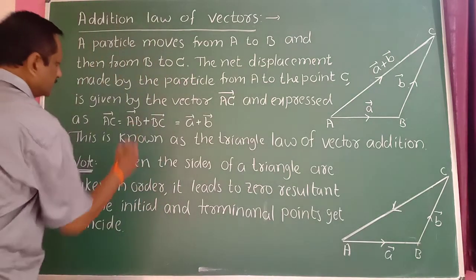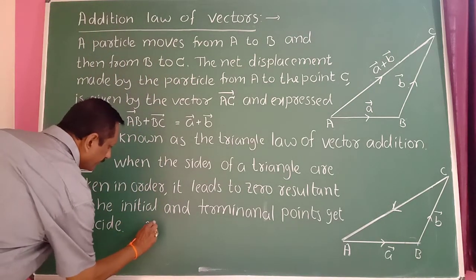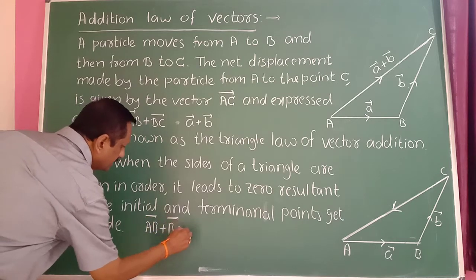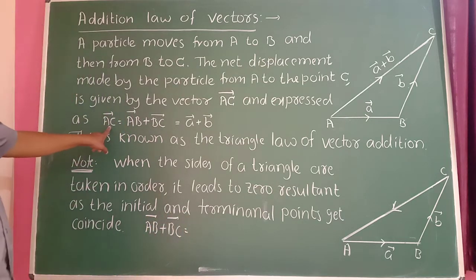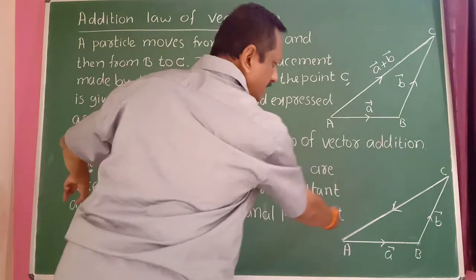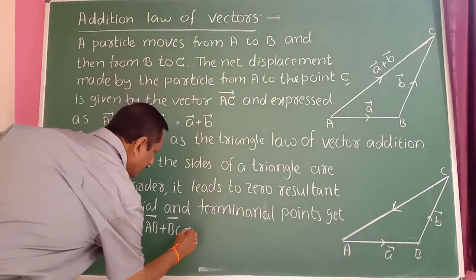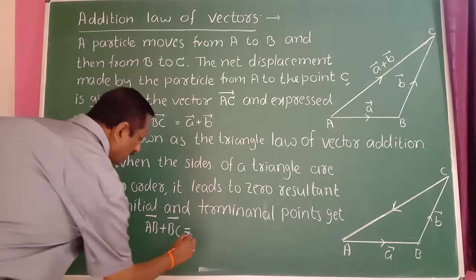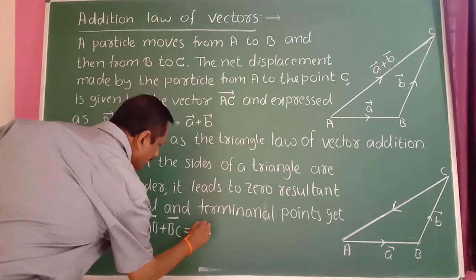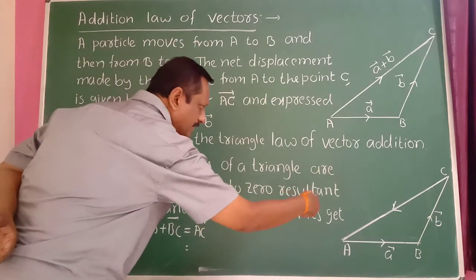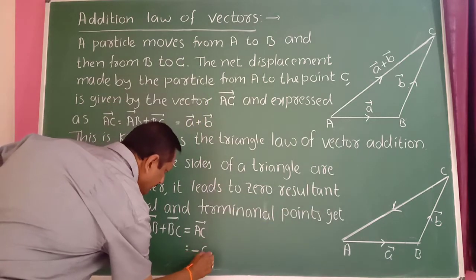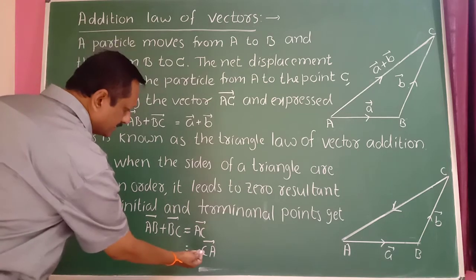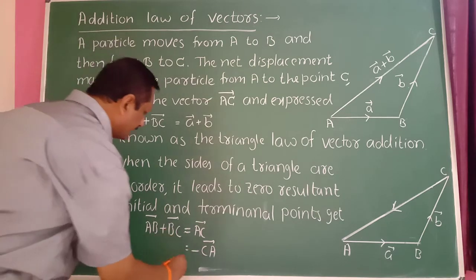According to this, AB plus the vector BC is equal to AC, but the direction is this direction here. So it is CA bar here. Therefore, according to the triangle law of addition, it is AC bar here, but the direction is like this here. Hence, it is minus of CA bar. Minus of CA bar. Take minus of CA to the left hand side here.